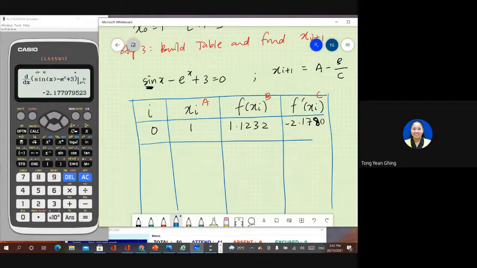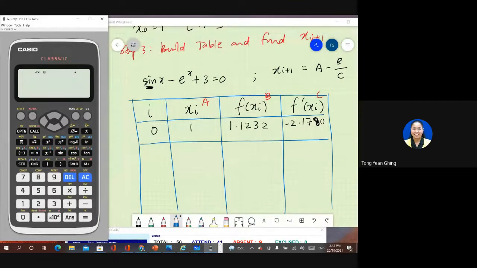So and then continue, okay, using the formula just now, alpha a minus alpha B divided by alpha C. So calculate A is 1, B is 1.1232, C is negative 2.178.